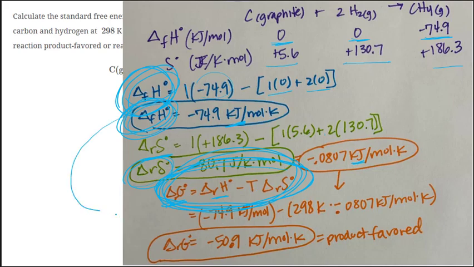I took my H from up above, minus my temperature. My standard temperature is 298 Kelvin. Maybe you use 298.15. It's okay, it doesn't matter. Times my entropy in kilojoules, to find Gibbs's free energy of negative 50.9 kilojoules per mole. It is a negative value telling us it is product favored.